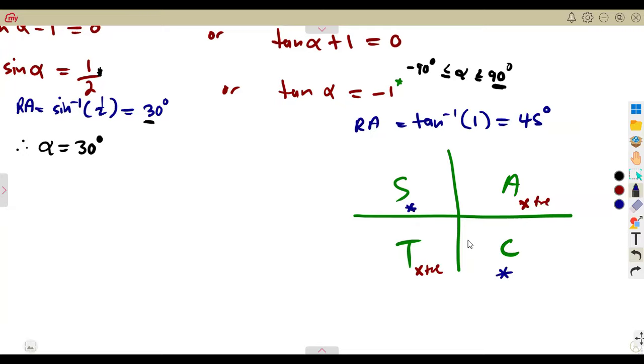But of these two quadrants where we are going to have our answers, which one are we going to use? Because we are given an interval from -90 to 90, we cannot expect to have an angle that is more than 90 degrees. So this quadrant is totally out. It's very true that tan here is negative, but we cannot take this because our answer will be more than 90 degrees.